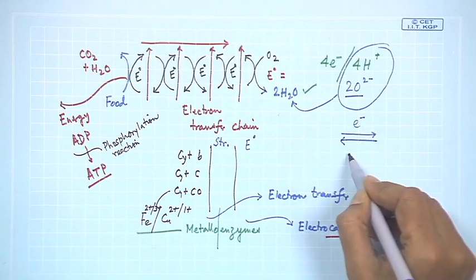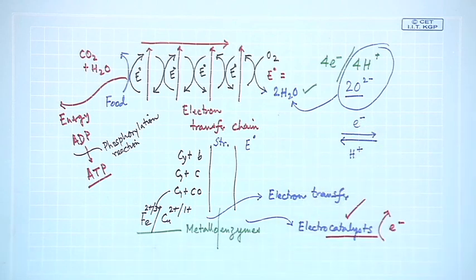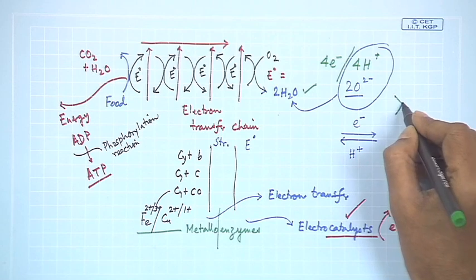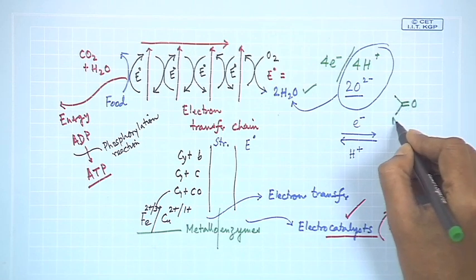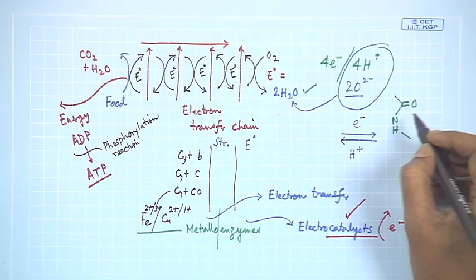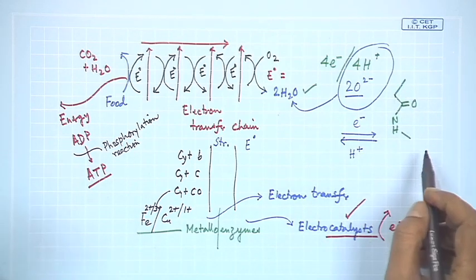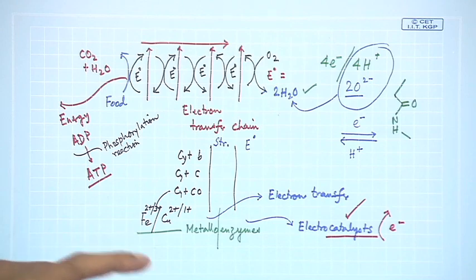So, electron in this direction and proton in this direction, and in most cases you have this coupled one, because we all know that the CONH function is the backbone of the proteins and polypeptides we are talking about here. So, these are all your peptide bonds.